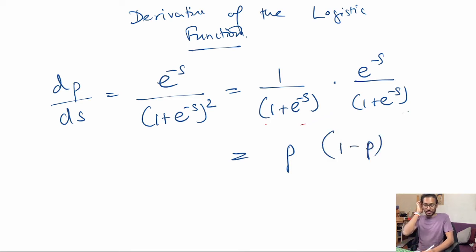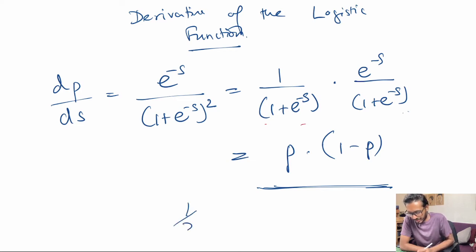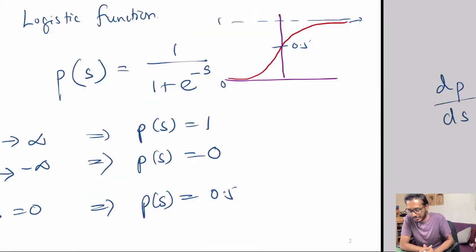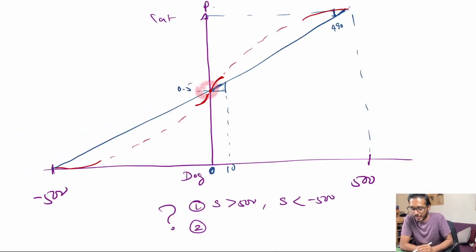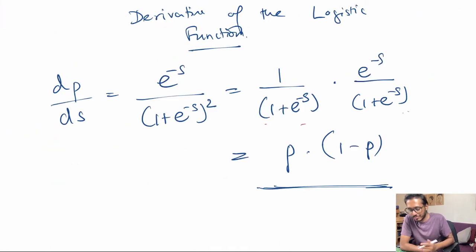This is important, because let's see when this derivative is at its highest. We know that p times 1 minus p is largest when p is half. So half times half is the biggest this number can get. So in the middle of this graph, that's where the derivative is the highest.